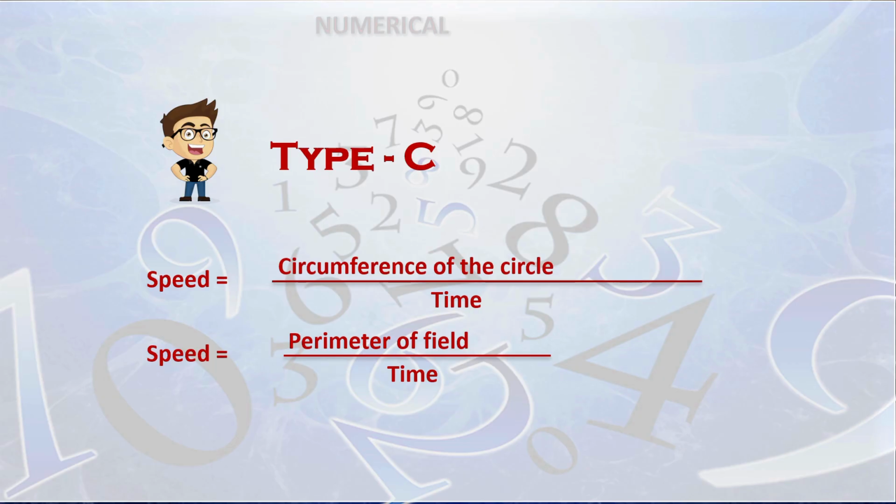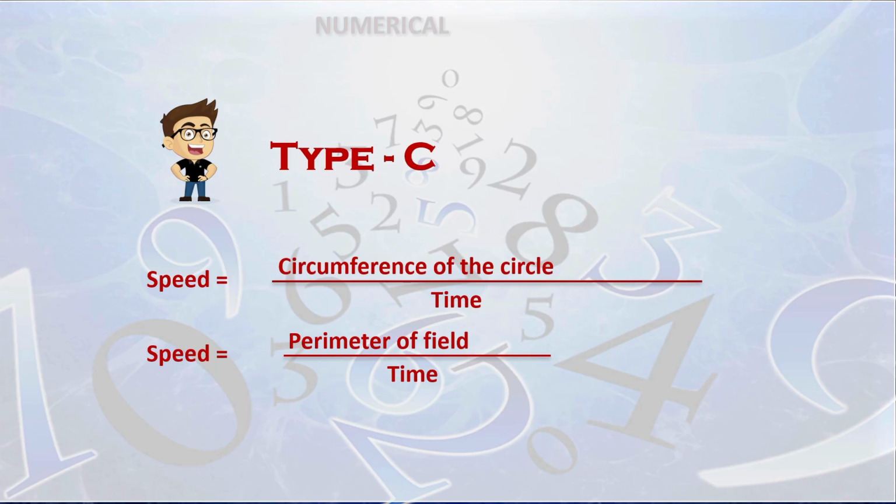When an object moves in a circular path, the distance covered in one complete revolution is the circumference of the circle. So the formula becomes speed equals circumference of the circle divided by time taken. Since the circumference of a circle is 2 multiplied by pi multiplied by the radius, the distance covered in one round is 2 pi r.